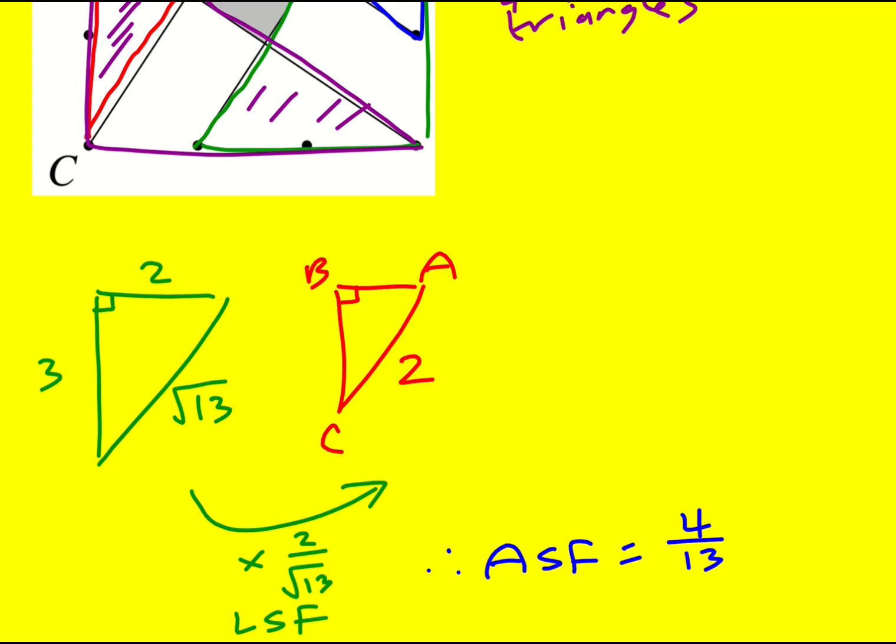Because essentially, each side, like the height and the base, is going to be a scale factor 2 over root 13. So when I times the area, I have to times by 2 over root 13 for the height and 2 over root 13 for the base. So I can just take the area, which remember was 3, and I can times it by 4 over 13. And it's going to be, therefore, 12 over 13.